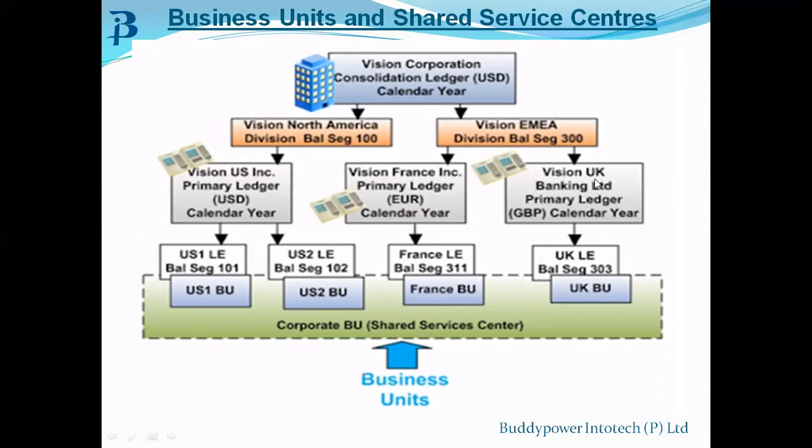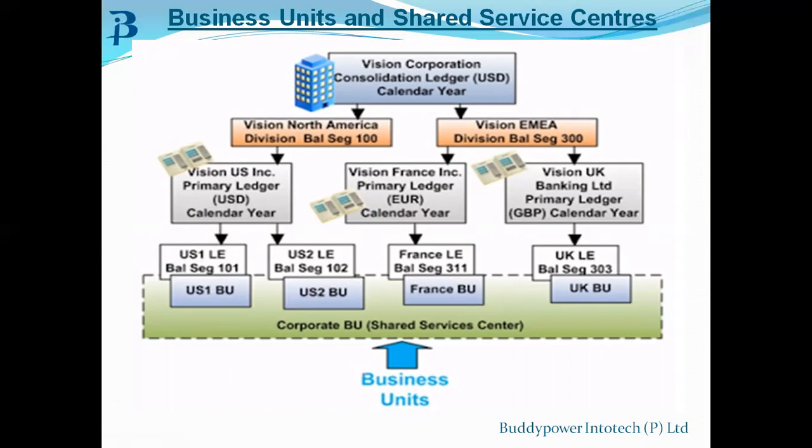Okay, these are the accounting conventions these countries usually use. So each of these legal entities has business units under it that carry out the day-to-day operations. Now let's focus on Vision US. Okay, so it has two business units, namely US 1 and US 2.